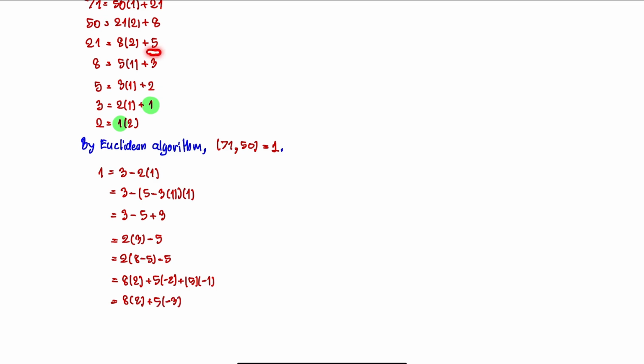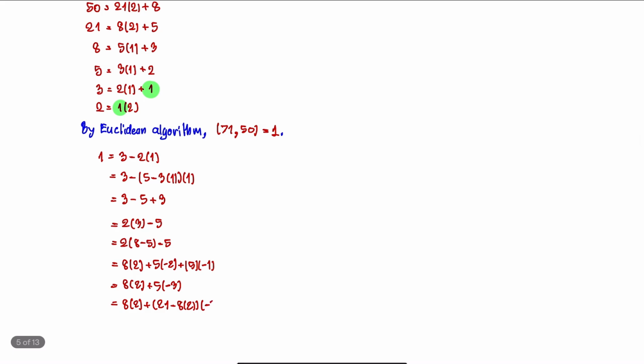For the next equation, we have 5 equal to 21 minus 8 times 2. So it turns out to be 8 times 2 plus (21 minus 8 times 2) times minus 3. Okay, and we distribute minus 3 into each term.